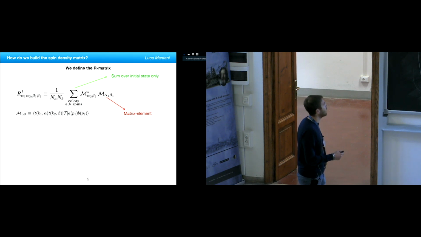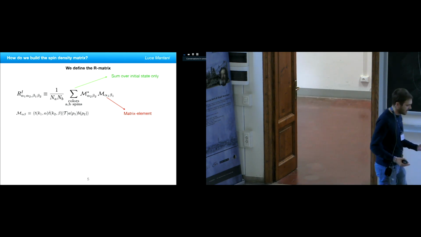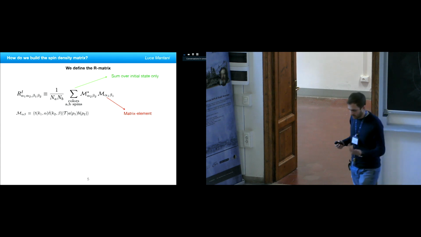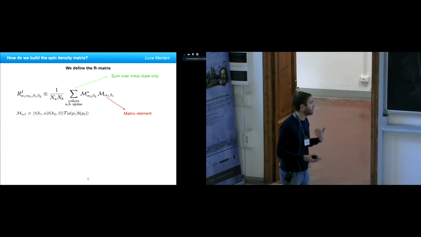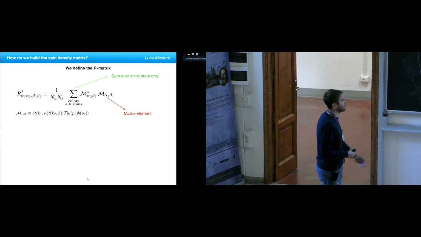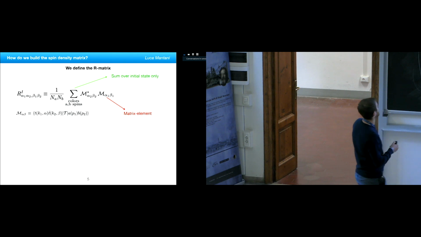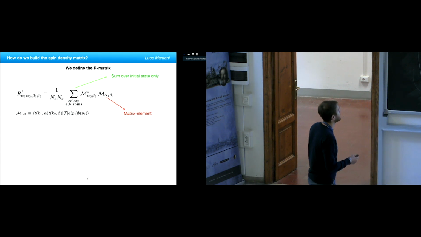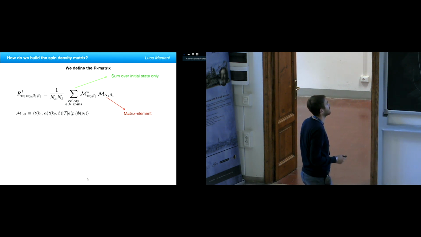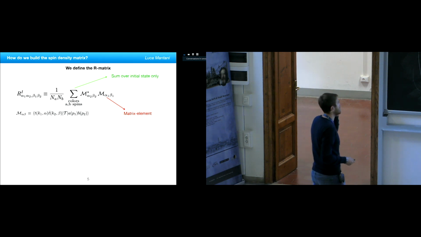Okay, so how do we build this density matrix? We do collider physics. We are very used to computing scattering amplitudes, and that's exactly the way we compute it. We define the R matrix, which is this matrix that describes the production of the particles in the final state, where you basically average over the initial state.